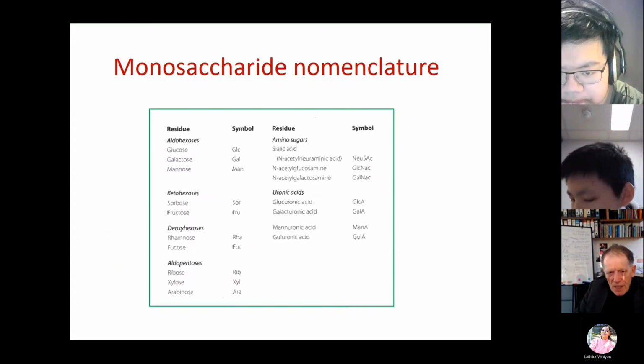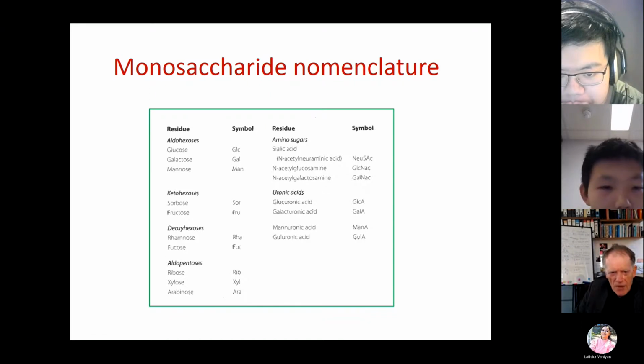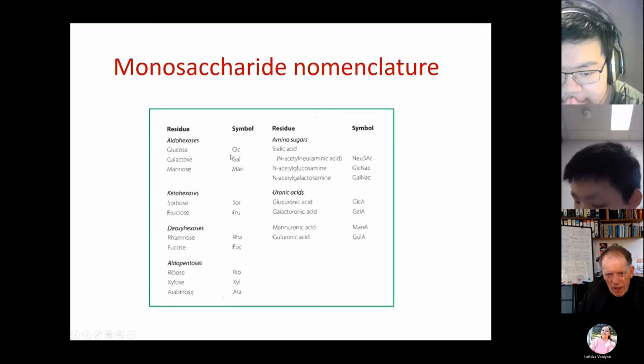And here's some of the nomenclature of carbohydrates. We use this 3-symbol notation normally, although that can extend to larger numbers of characters. Glucose, Glc; galactose, Gal; mannose, Man; sorbose; fructose; rhamnose; fucose.